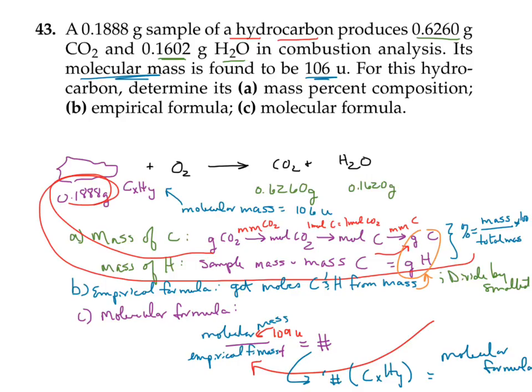This should be 106. We take our 106 and divide it by the individual repeating units. We might have even had a homework due today that did this. So you're going to get an integer, and then you take that integer and multiply it through your empirical formula.